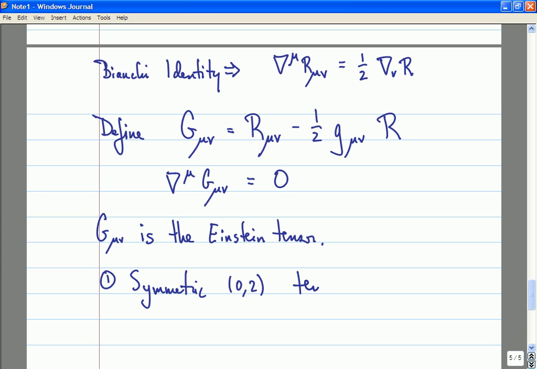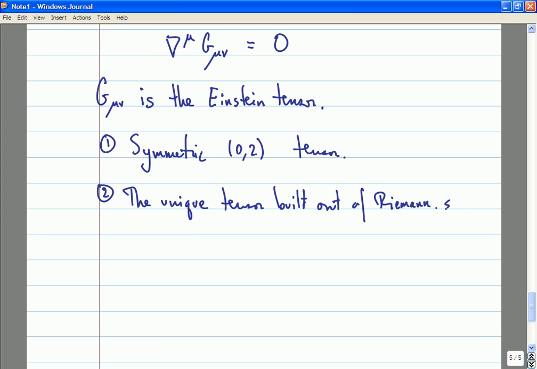And moreover, it is, up to a sign, the unique tensor that you can build out of the Riemann tensor with the property that grad mu G mu nu is equal to 0.